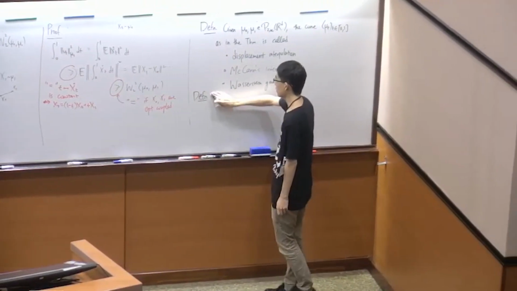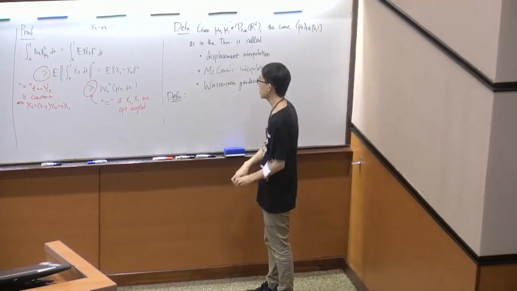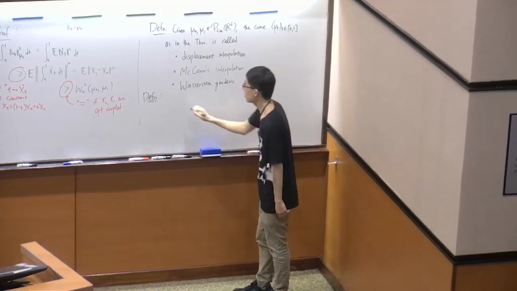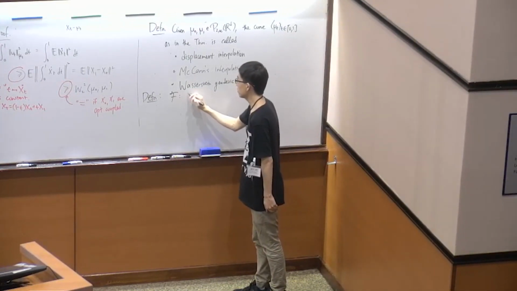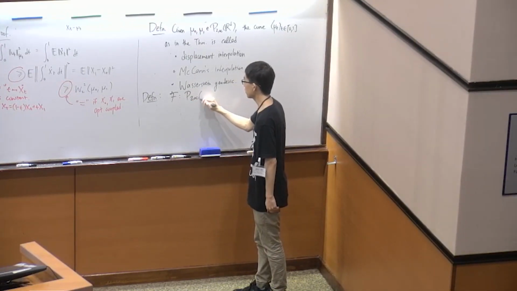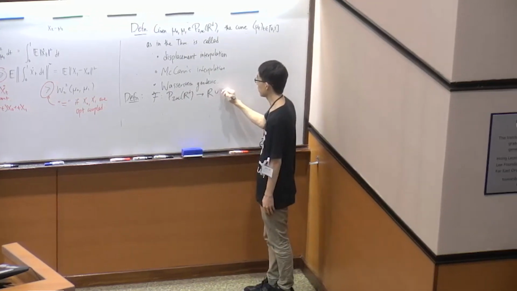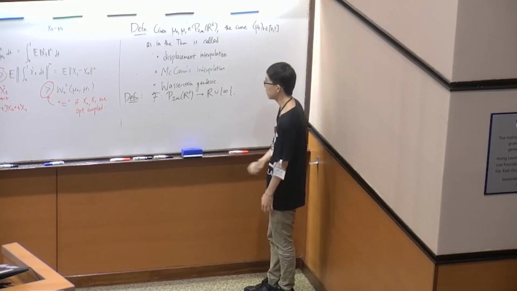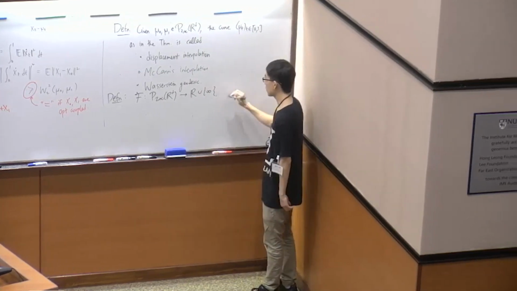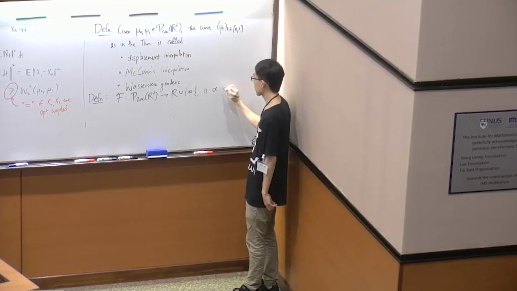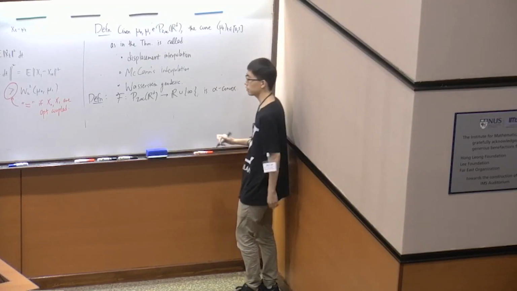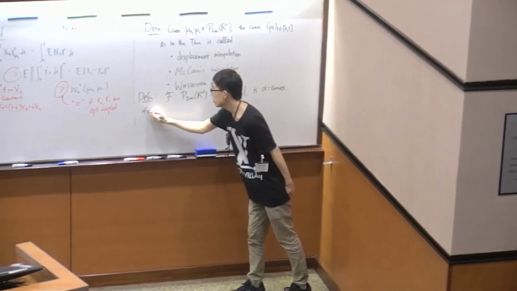So we'll use this definition next time, but just to give you an idea of what you can do with this interpolation, we're going to consider functionals over the Wasserstein space. This is something that takes in a probability measure and outputs some possibly infinite number. We're going to say that this functional is alpha convex along the Wasserstein geodesics if the following holds.